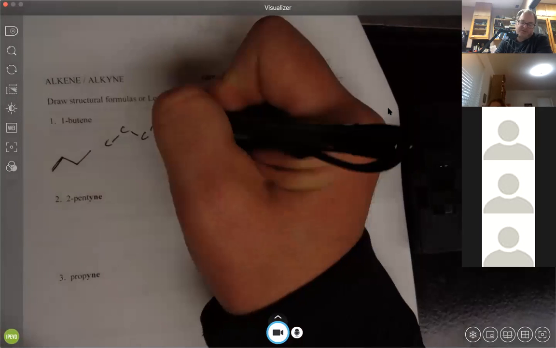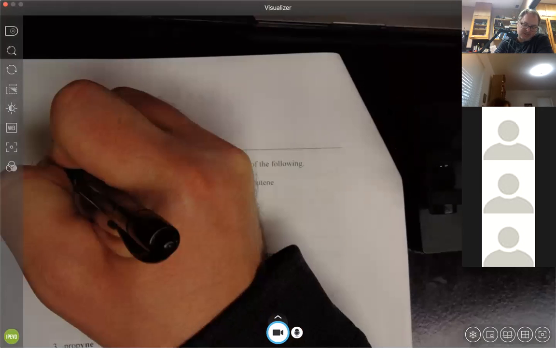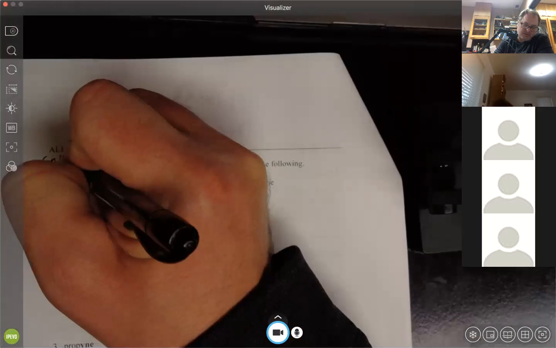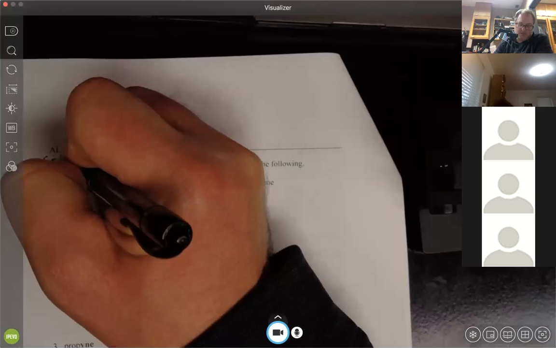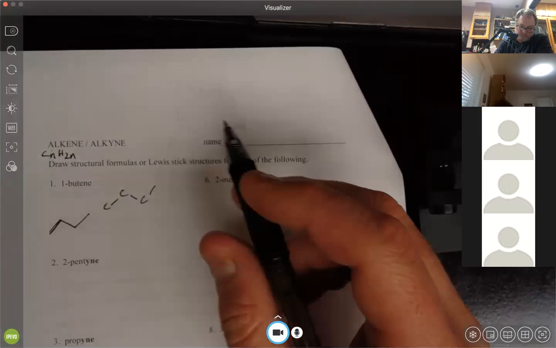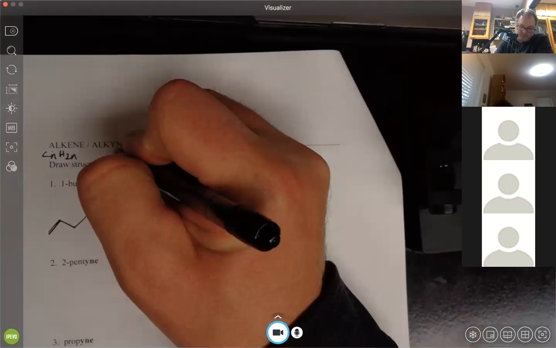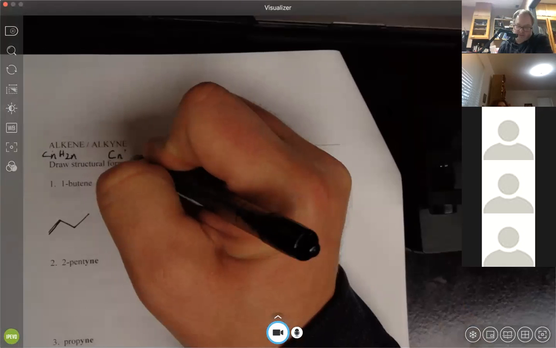Oh, I'm sorry. What should the alkene formula be? If this is CnH2n, what would the alkyne be? How many H's per carbon?